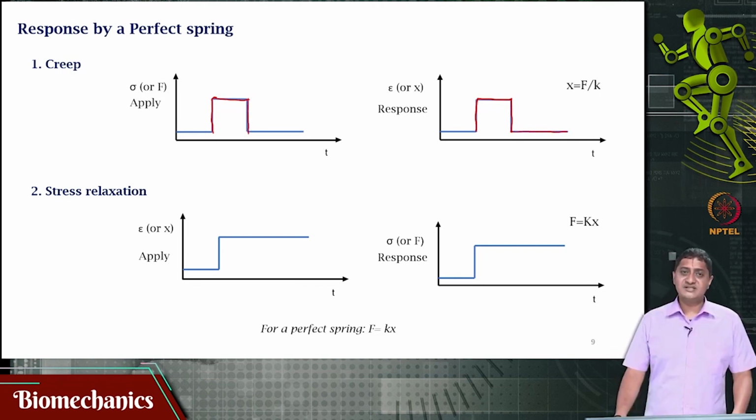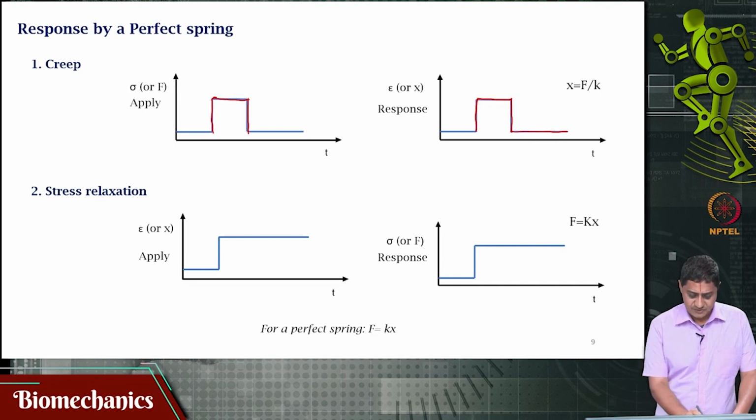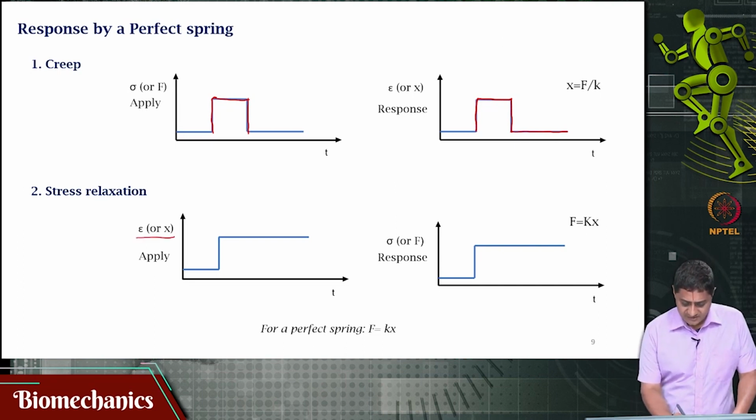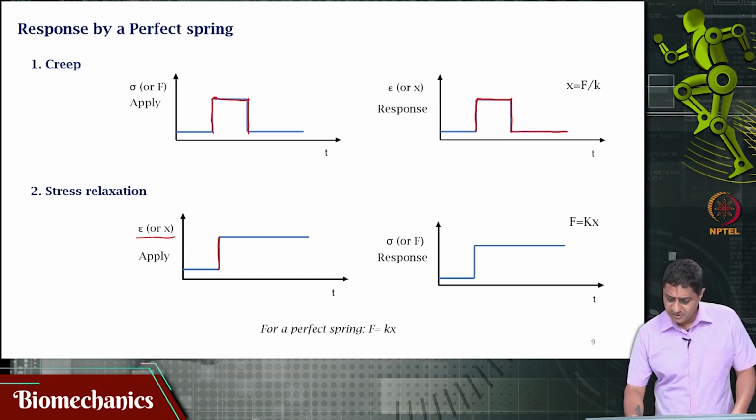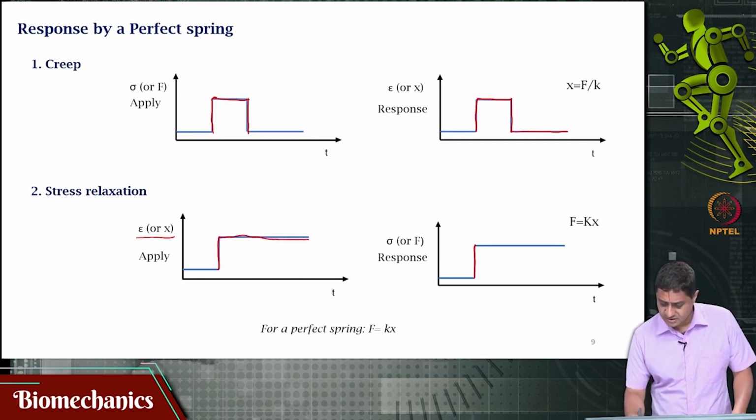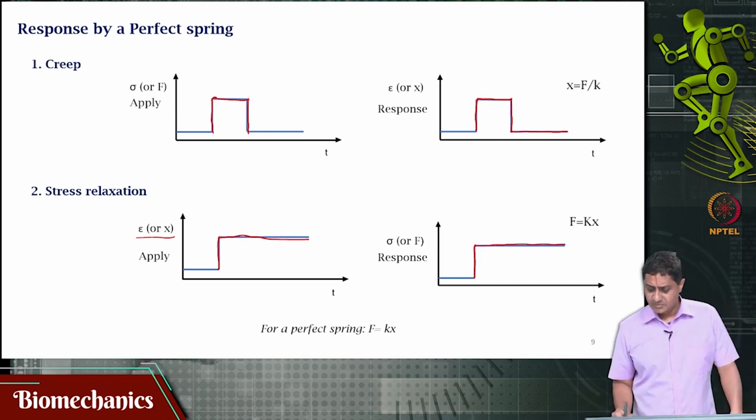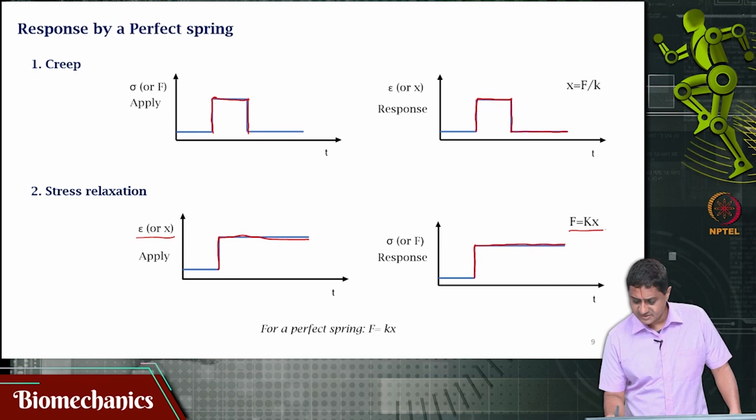What about stress relaxation? Suppose I apply a strain or a deformation. As the strain increases, the stress also increases, the force felt also increases, and then as the strain is at a constant, the force felt also remains constant. Why is that? Because this force is Kx, is it not?